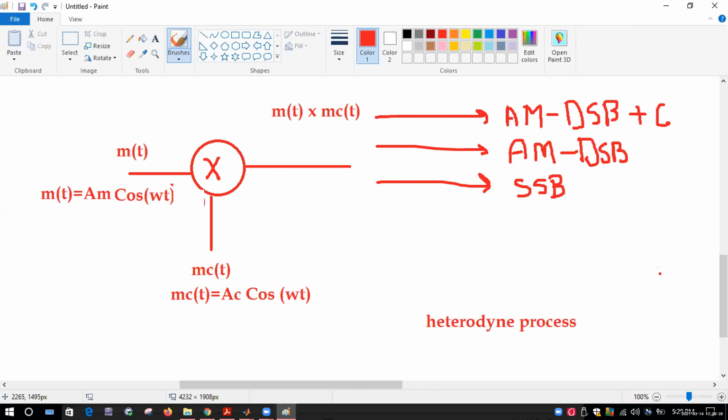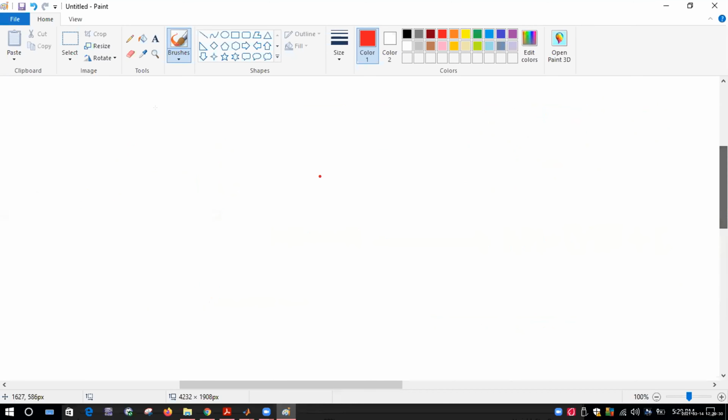Think about we have a mixer. Let's say we are using a low frequency signal of 2 kilohertz, okay? And the carrier should be higher than this.